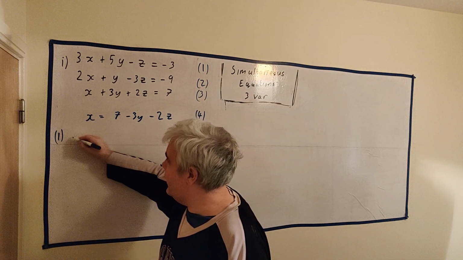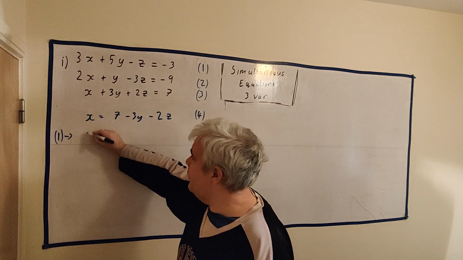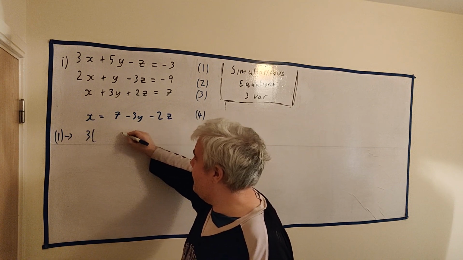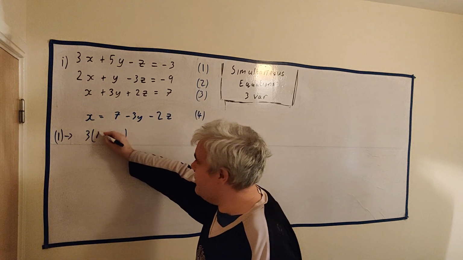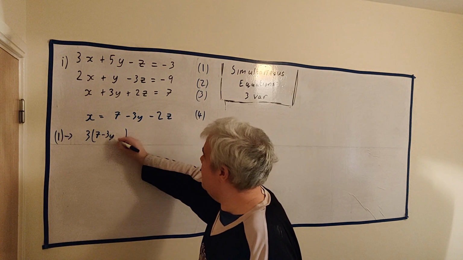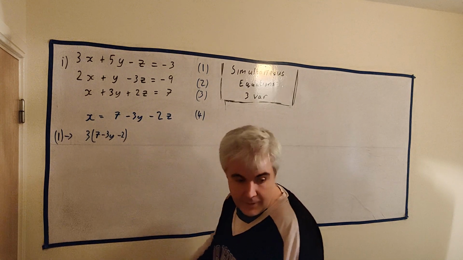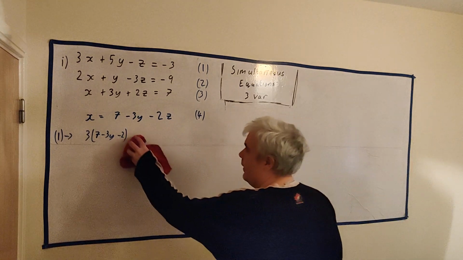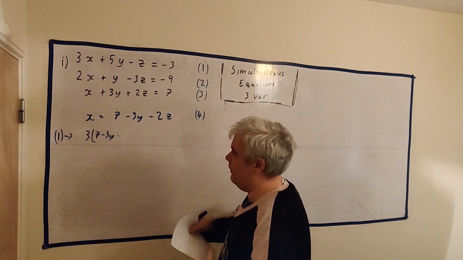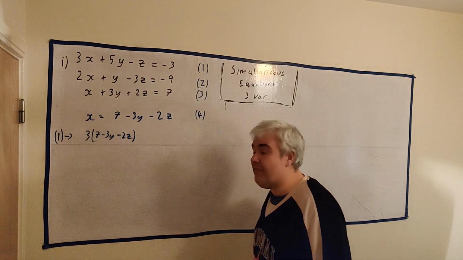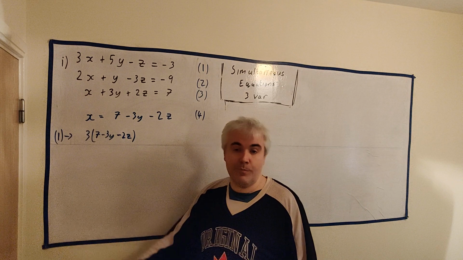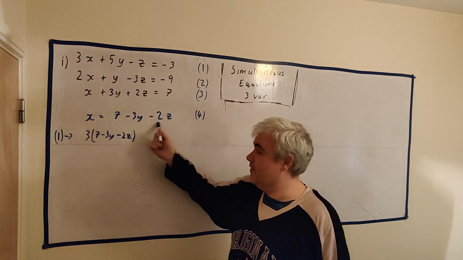So I can write 1 again, and it becomes 3 multiplied by x. But not just x. x is now 7 minus 3y minus 2z. So everywhere I see an x, I will just put this whole line.